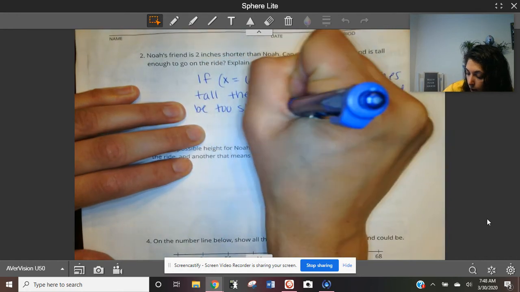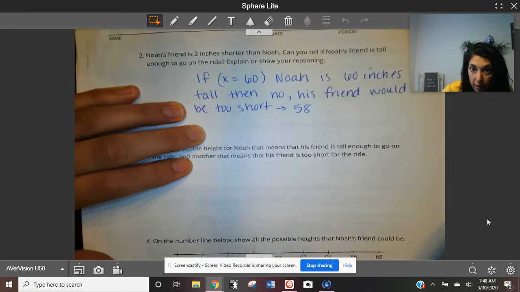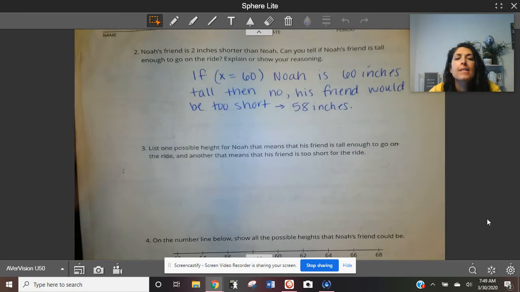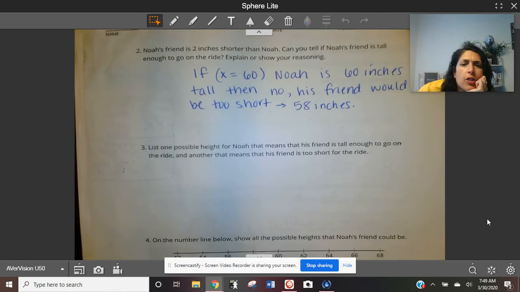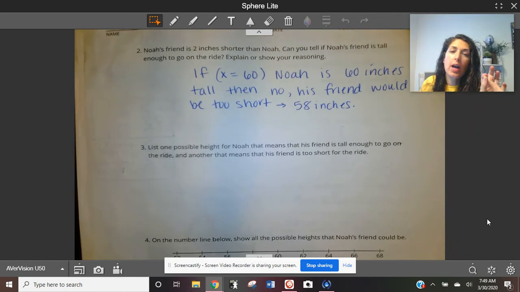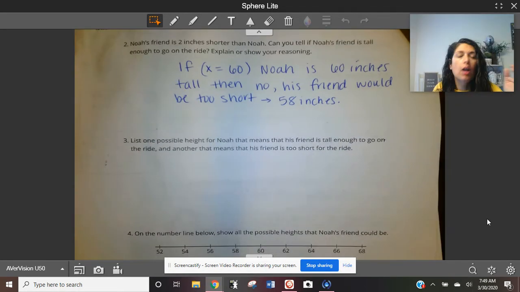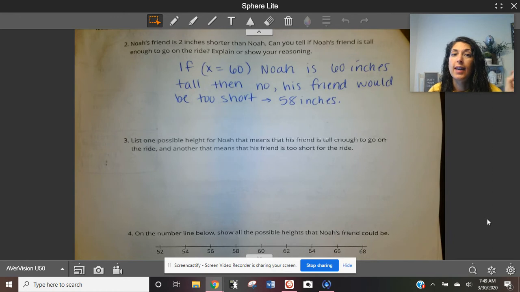Because how tall would he be? He'd be 58 inches, right? Okay, so he has to be 60 inches tall. So the only way that Noah's friend would be able to ride the ride is if Noah's friend was 60 inches or higher.